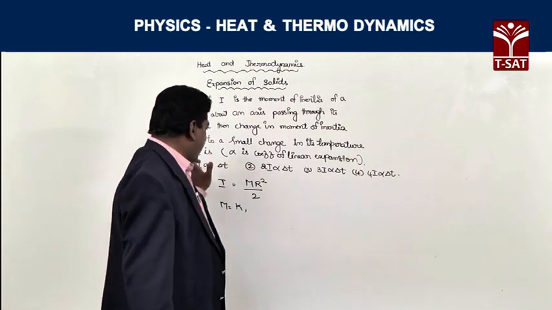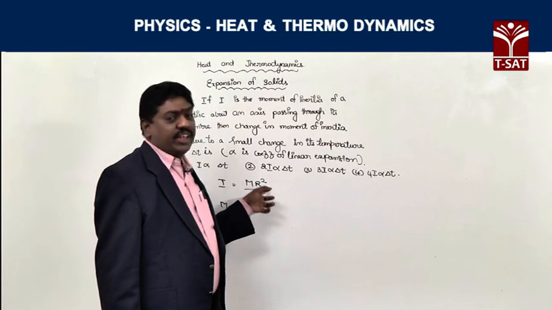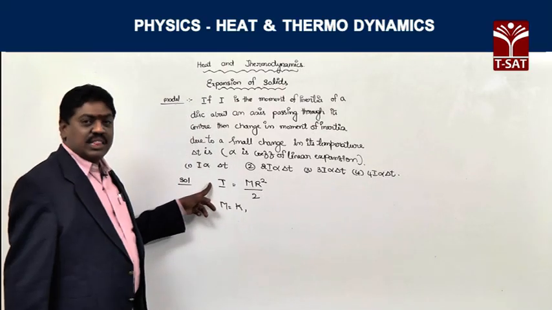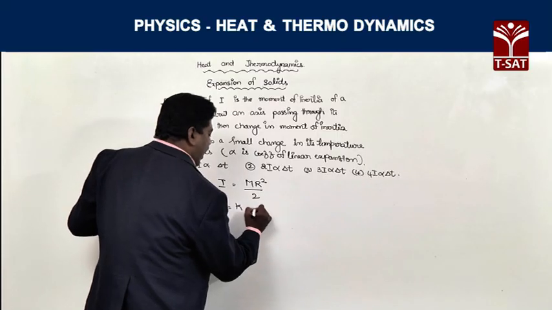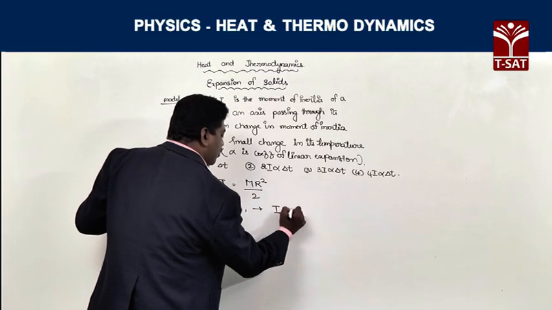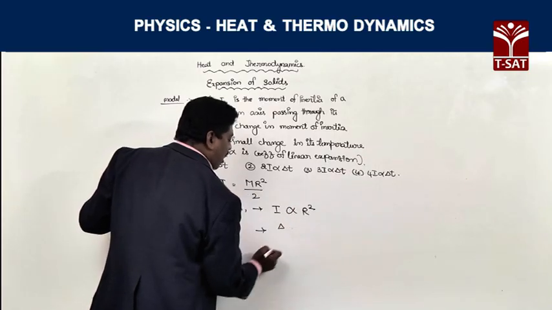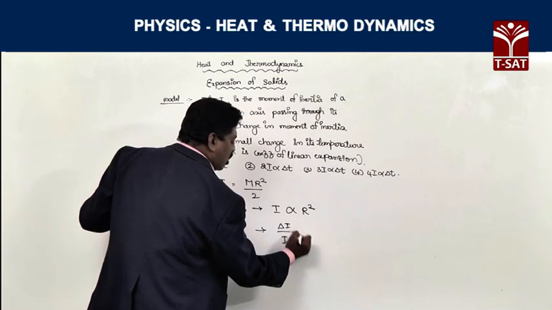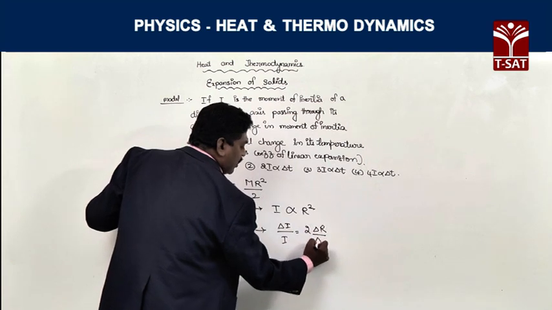When temperature is changed by delta T, there may be a change in the radius of circular disk. When radius of circular disk changes, the moment of inertia of circular disk also changes. So, we are having I proportional to r square. So, we have got fractional changes as delta I by I is equals to 2 into delta R by R.